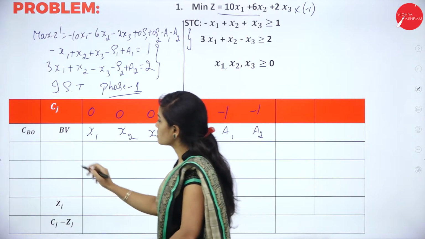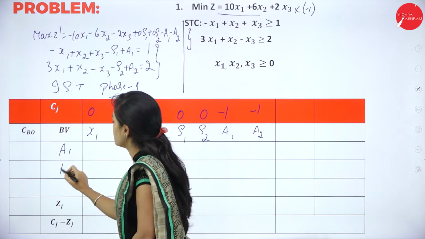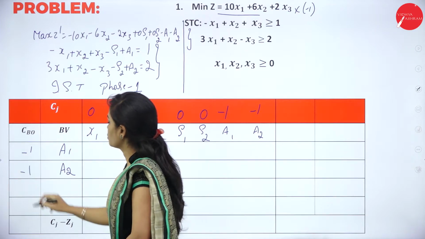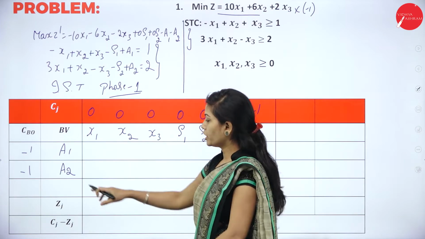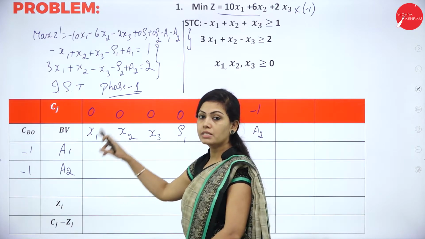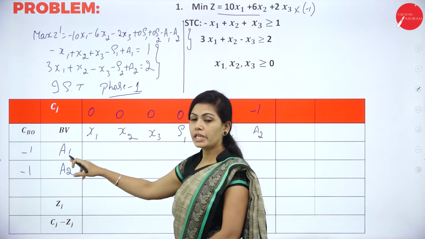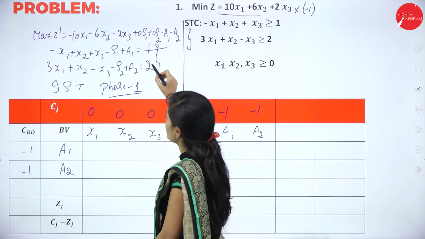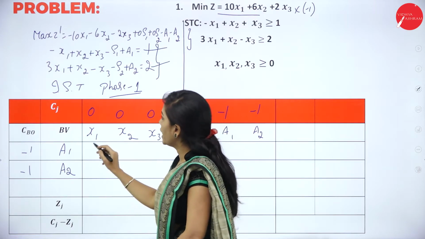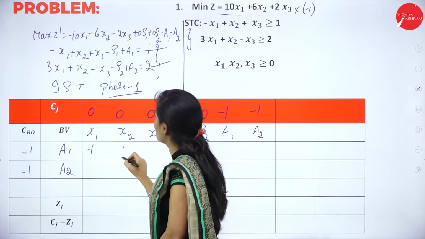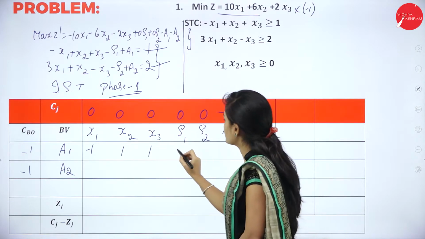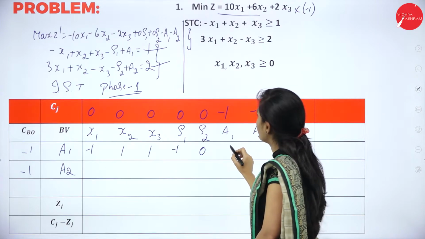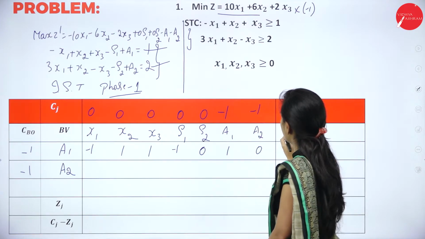And the next step: here I have two artificial variables a1 and a2. The coefficient is -1, the coefficient is -1. So here I have not mentioned any surplus variable, only the artificial variables. Next write the coefficients of the first equation and the second equation. For x1 the coefficients are -1, 1, 1, and s1 is -1, s2 is not there, a1 is 1, a2 is not there.